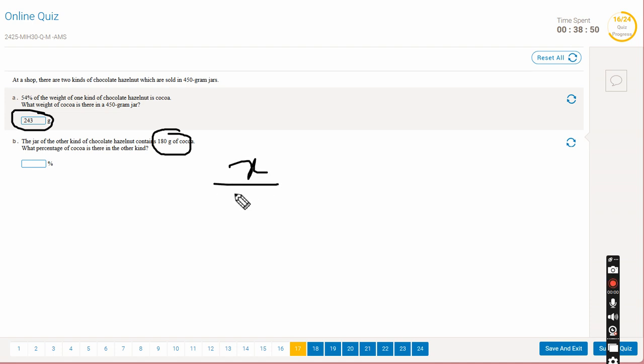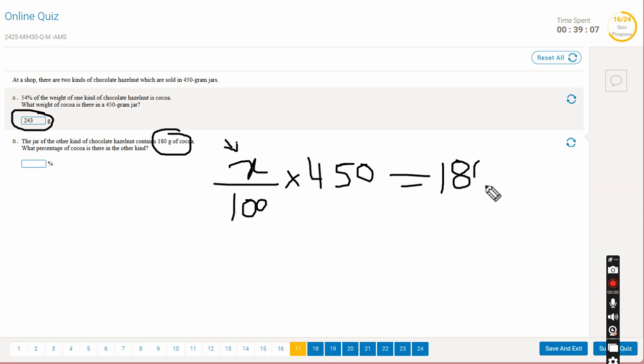Again, x over 100. You're just going to do the same equation as above, but now the x falls here. Remember, because they want the percentage. Times, how much was the jar again? 450. We multiplied the percentage by 450 to get 180 grams of cocoa. So to get 180, how much cocoa is actually in grams in that chocolate hazelnut? So you can simplify that again.